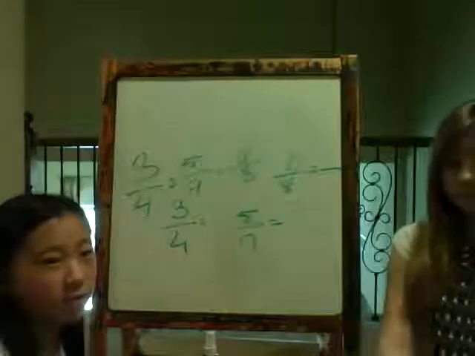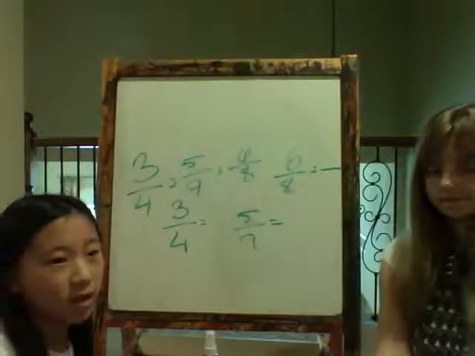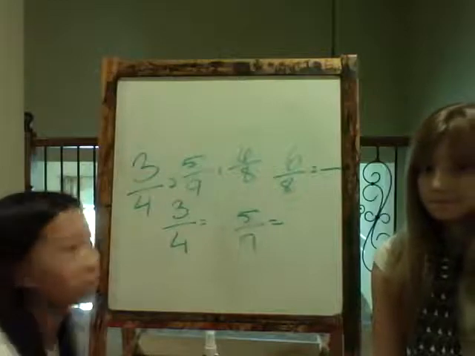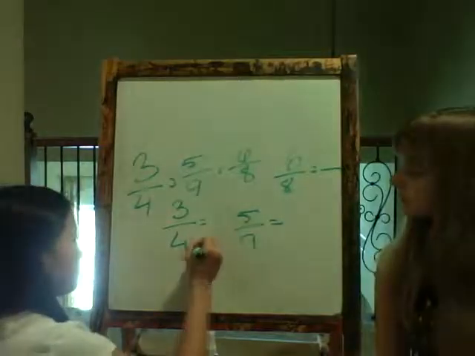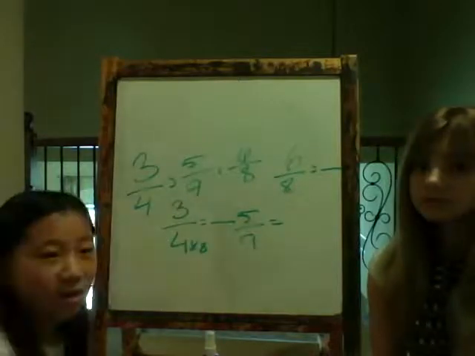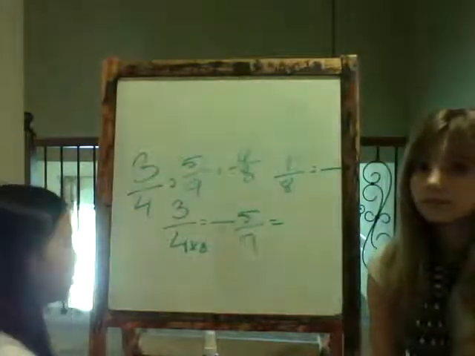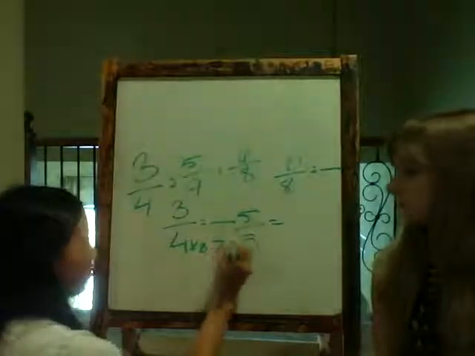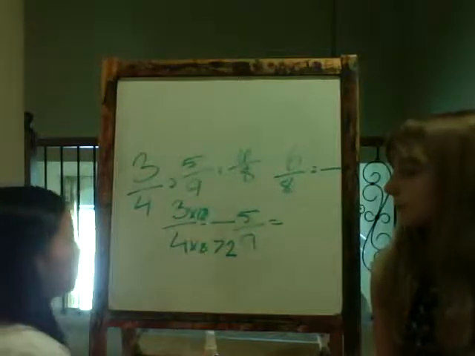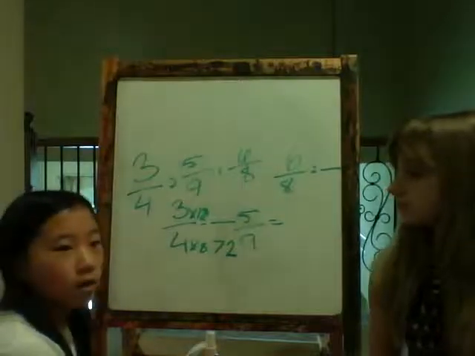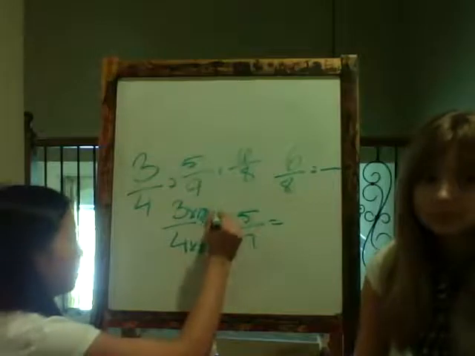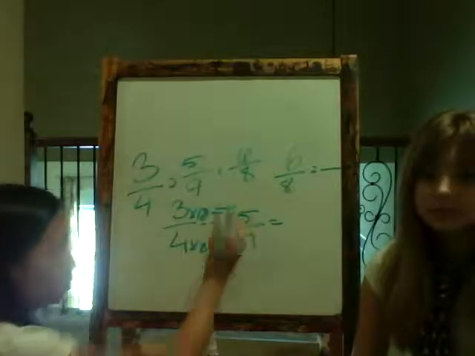Okay, so then what you would do is you would ask yourself, how many times can 4 go into 72? 18 times, which would give you 72. And then 18 times 3 equals 54.